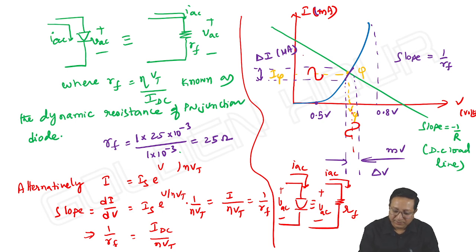It is 15 sine omega t microamperes, and here it is 0.375 sine omega t millivolts.